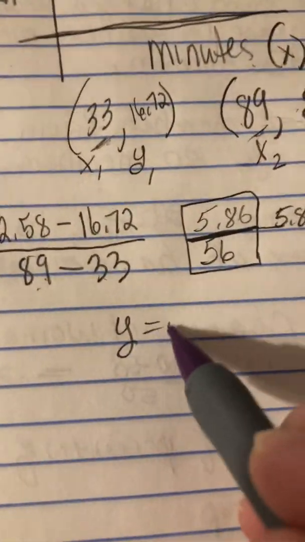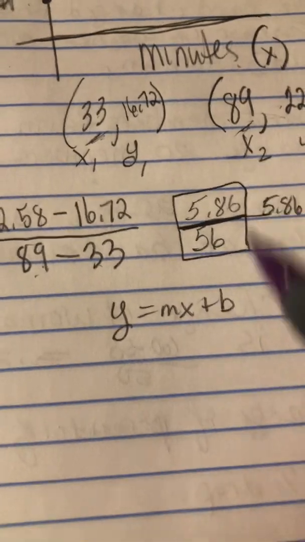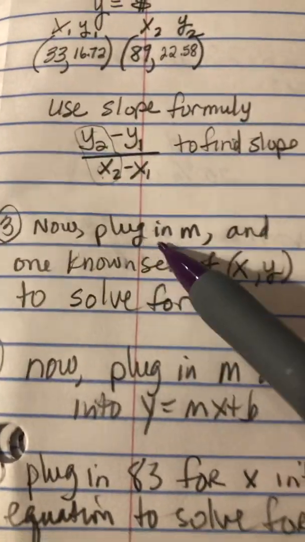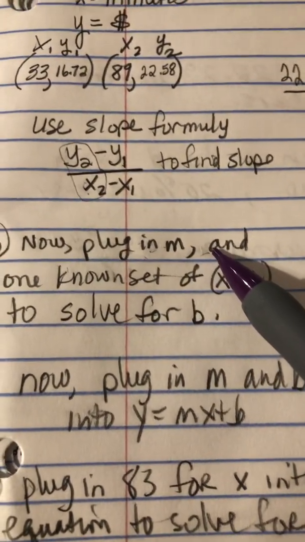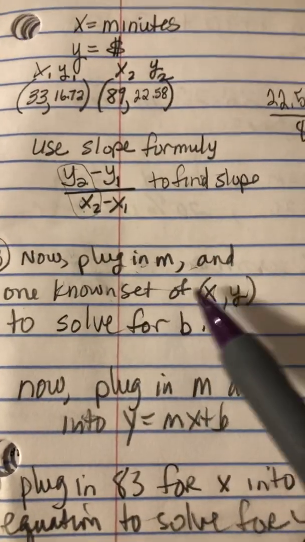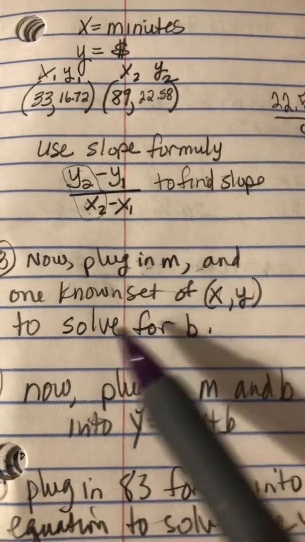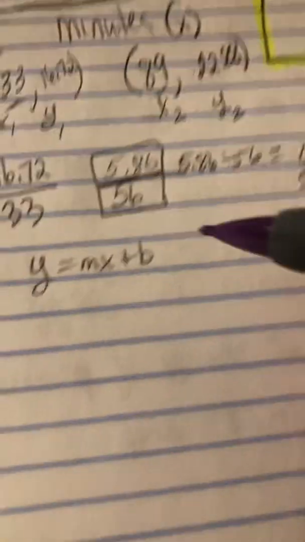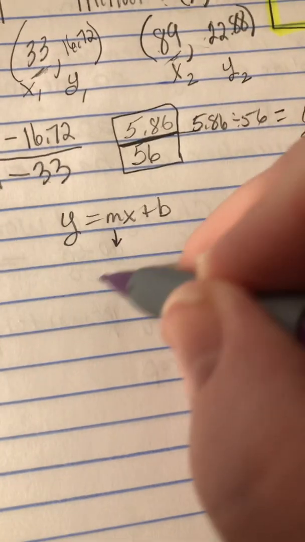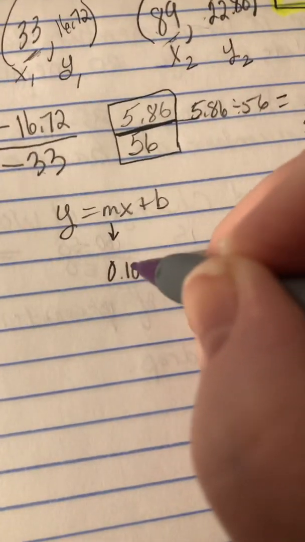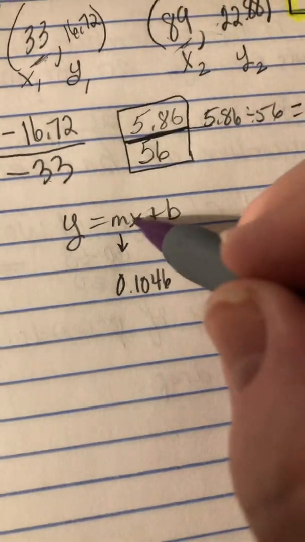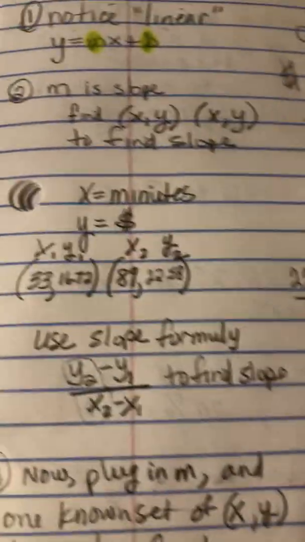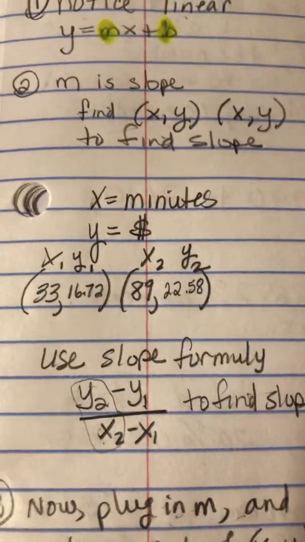And how you find that is you use your y equals mx plus b formula, and you plug in the slope, because now you know the slope. You plug in the slope and one of the known sets of x and y. It doesn't matter which one, just one of them, to solve for b. So we can plug in our slope, which we said was 0.1046, and we choose a set of x and y. When I look at these sets, neither one matters to me.